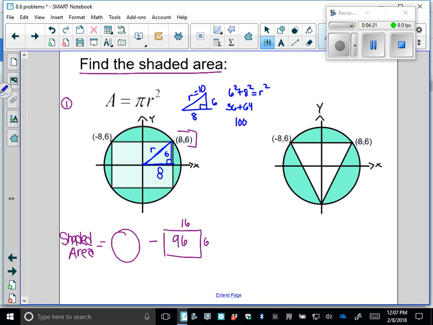That equals 100, which is equal to the radius squared. So to find the radius, we get 10.